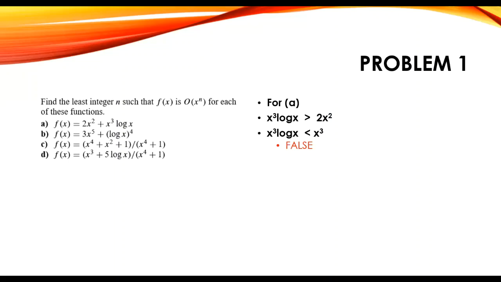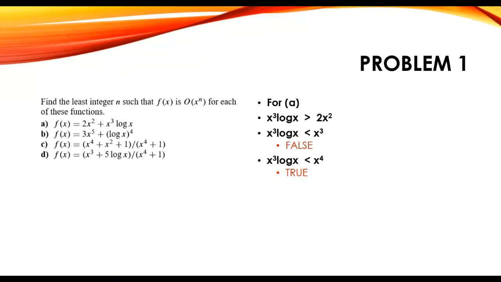Definitely no, it's false. So x cubed will not be used to replace our x cubed log x. How about x to the fourth? Is it bigger than x cubed log x? Yes. So the whole second term could be replaced by x to the fourth.